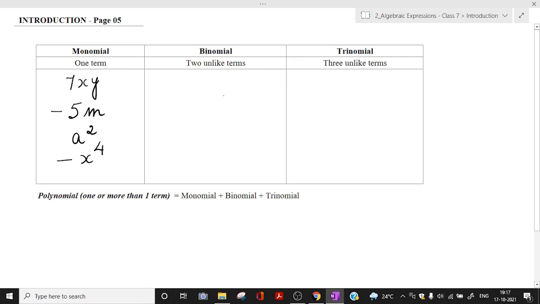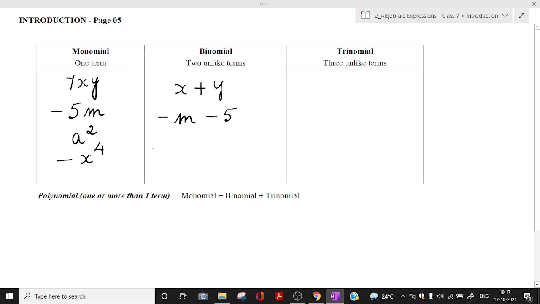Similarly, when we are looking at binomials, these have bi, that means two terms. Remember, these two terms should be unlike. Now if I write x plus y, I have two terms. As such it is a binomial. Suppose I write minus m minus 5, it's a binomial.